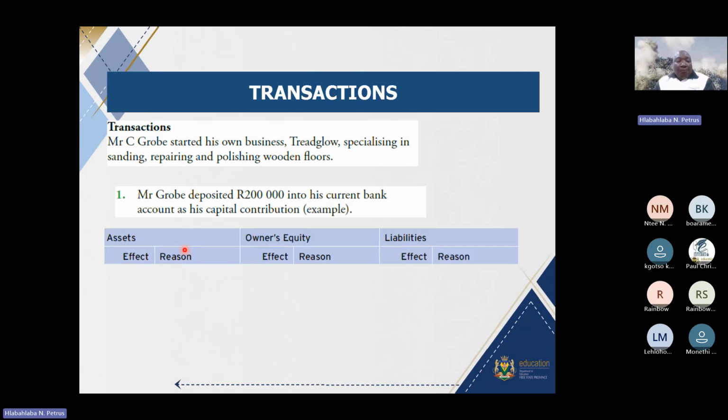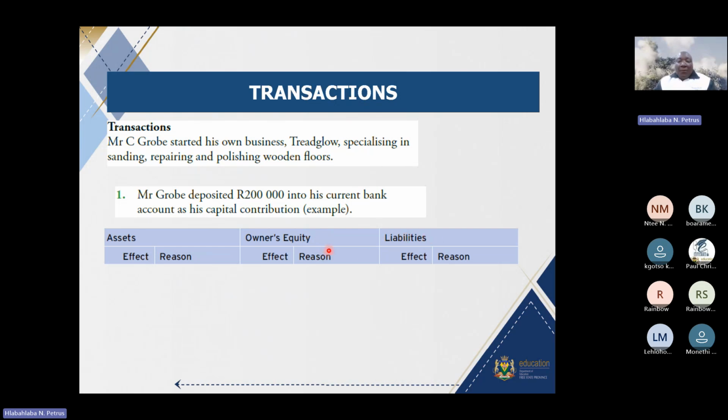Now, we are going to have assets, we have owner's equity, and we have liabilities. We have effect, reason, effect, reason, effect, reason. Now, how are we going to record that? Firstly, you have to check whether these two accounts that you have identified fall under the assets, the owner's equity, or liability.